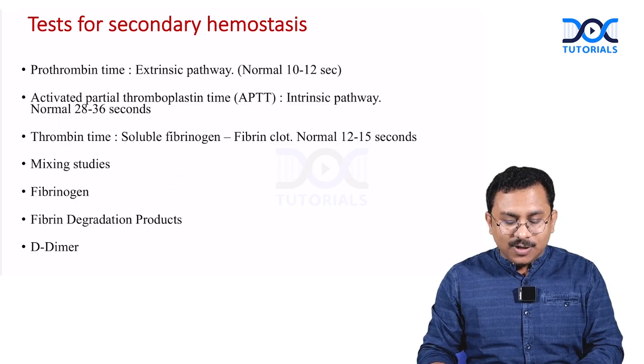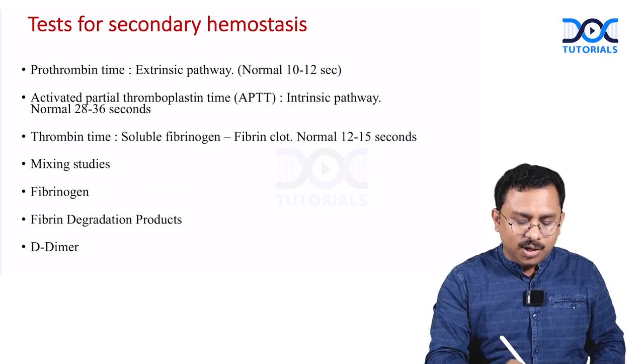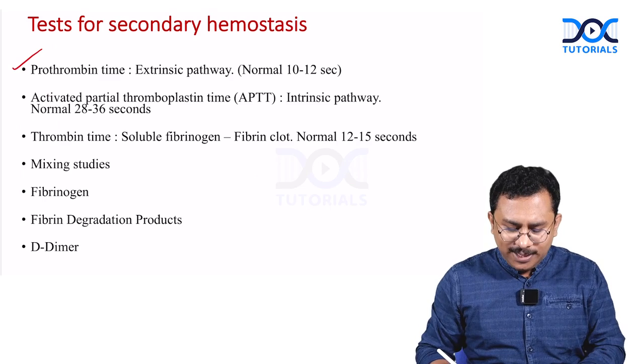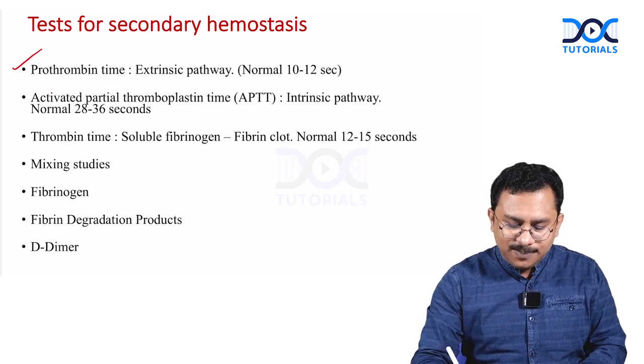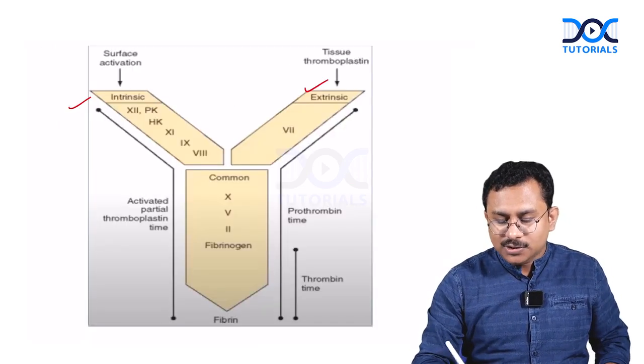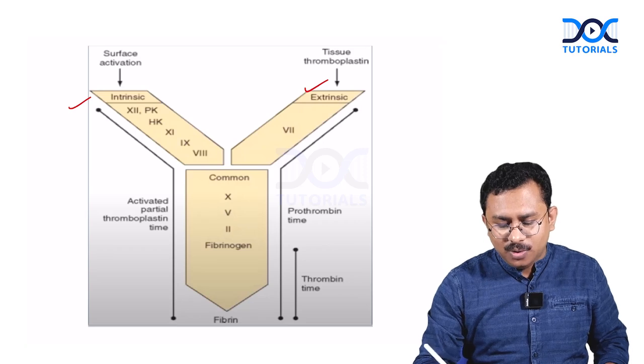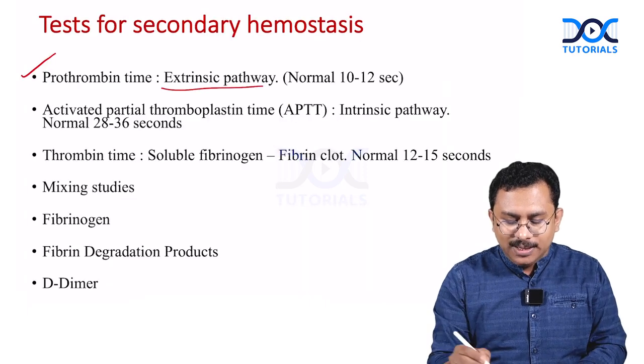What about the tests for secondary hemostasis? You have the prothrombin time. If you look at this, you have the extrinsic pathway and the intrinsic pathway. In the extrinsic pathway, the assessment is the prothrombin time.